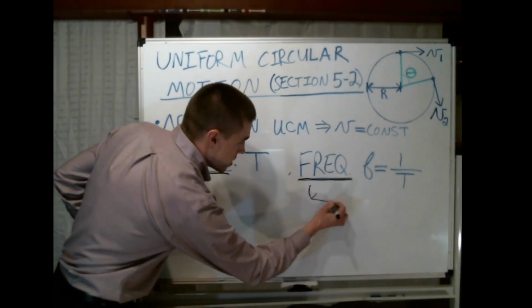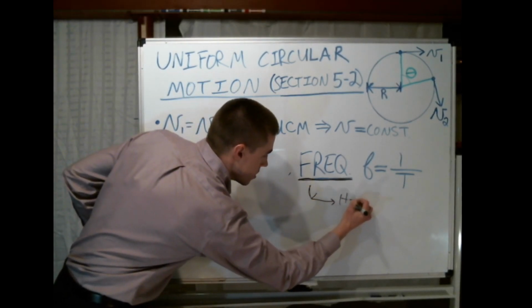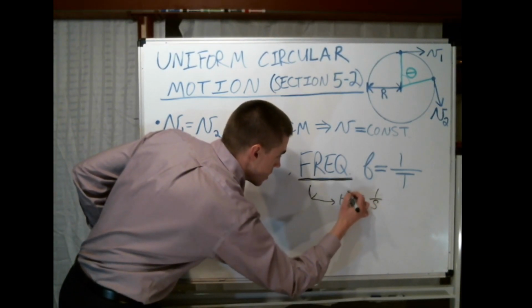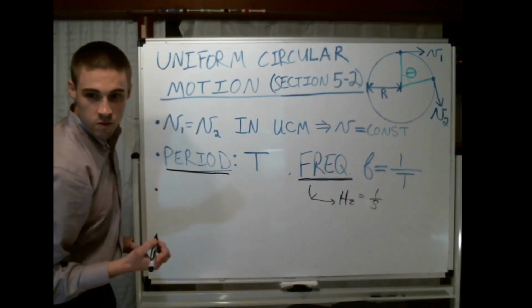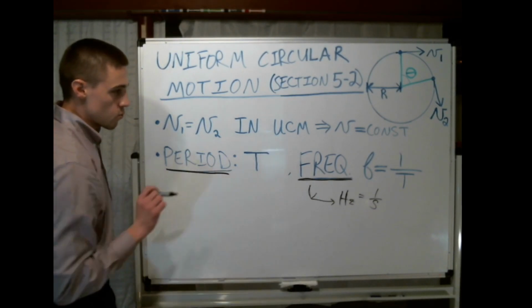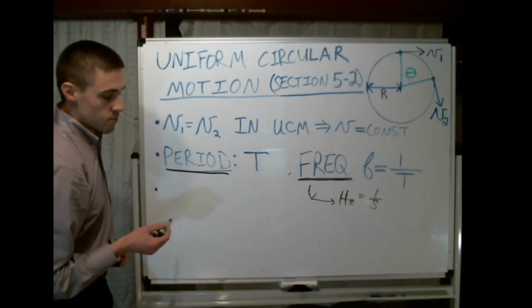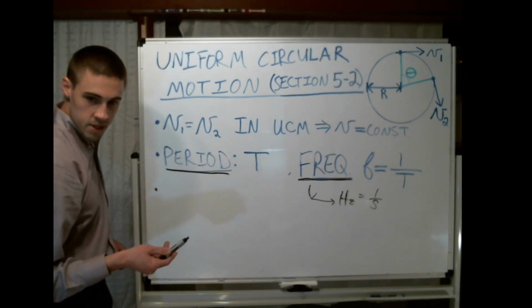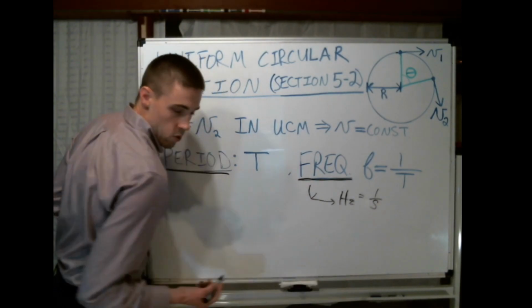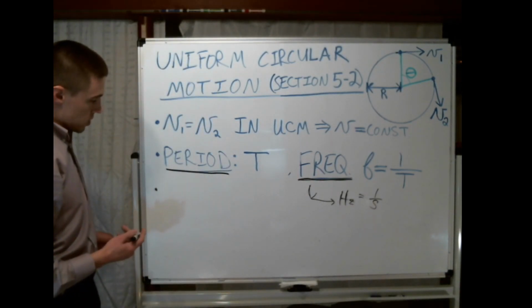We usually write these in terms of hertz, and 1 hertz is just 1 over second. So the frequency is just 1 over the period. It's referring to the number of times something happens in a given window of time. It has units of hertz, or 1 over seconds in SI units.